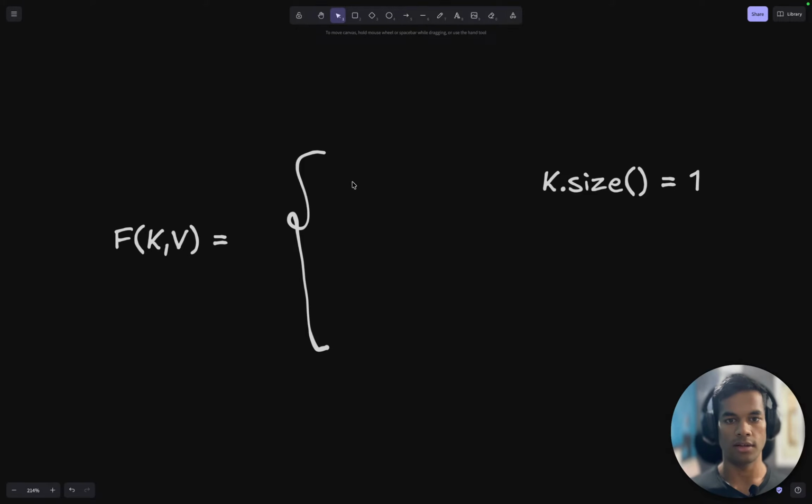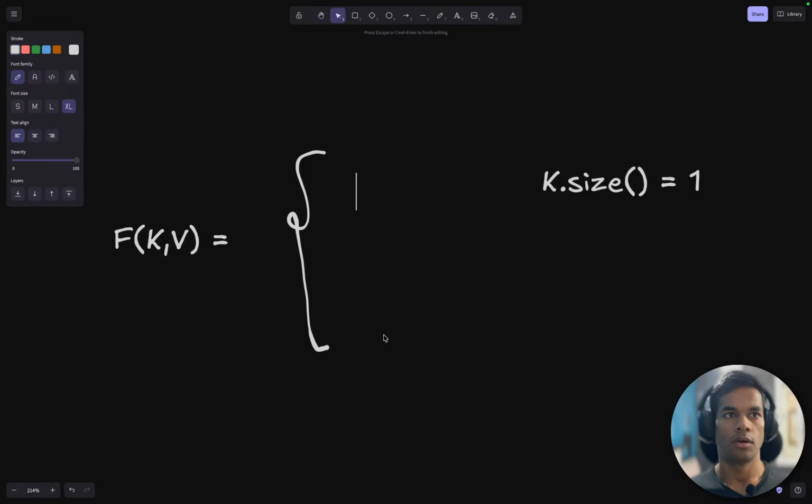When we have that, then the expected value for this would be pi, where i is the only node in this k list.